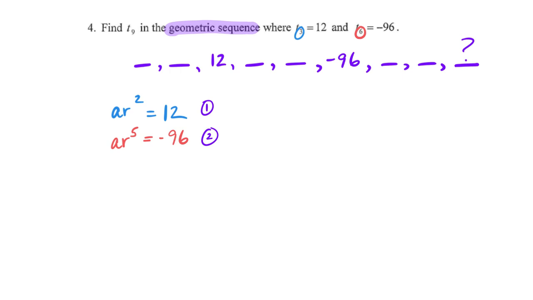Okay, up until this point, I think for most of us, we may want to go through and rearrange one of those equations. That is, like maybe you end up taking equation 1 and saying, well, A would equal 12 over r squared, and you could now sub that into equation 2.